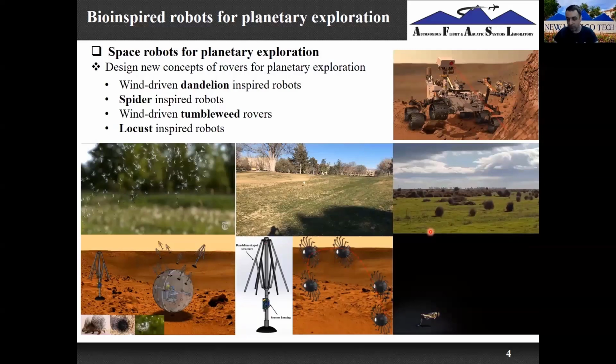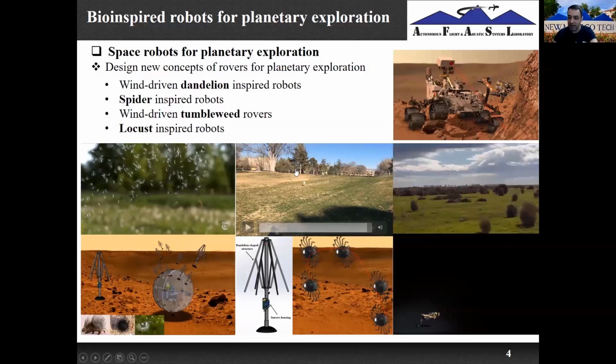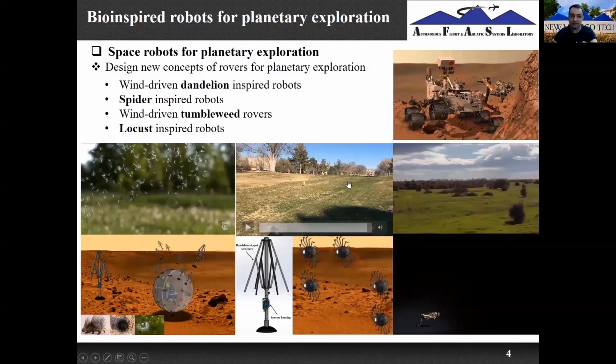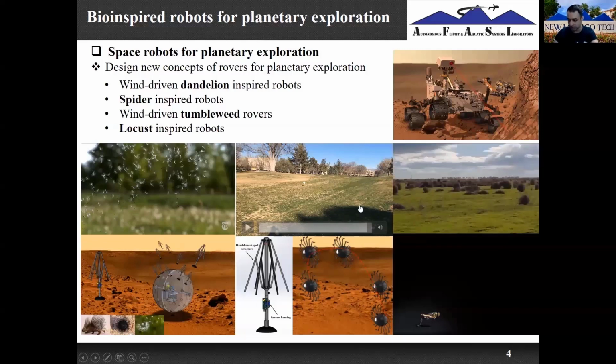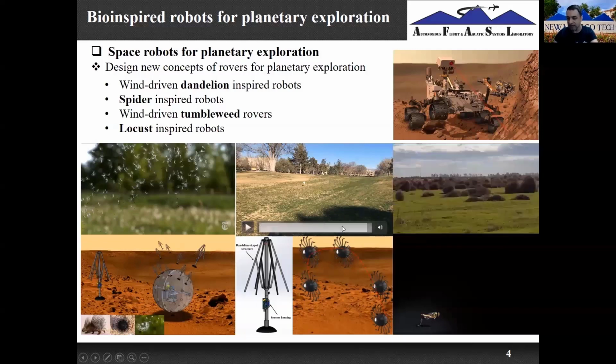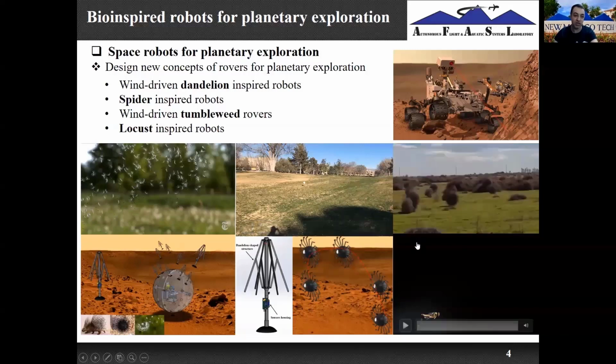I'm going to run this so you can see how the tumbleweeds move and harvest the wind on Mars. This is a way they move, and we can get some inspiration to design a new generation of rovers or flying objects that rely just on the wind.